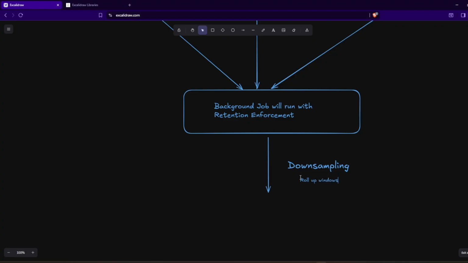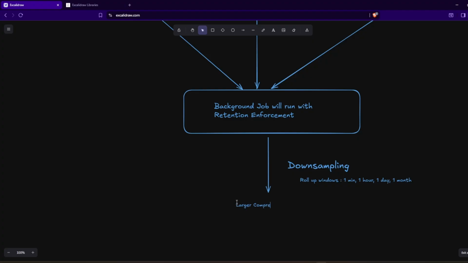The roll up window can be 1 minute, it can be 1 hour, it can be 1 day, or even 1 month. Okay, so different roll ups keep on happening, and from this roll up, all this data will now get into a larger, more complex TSM file.